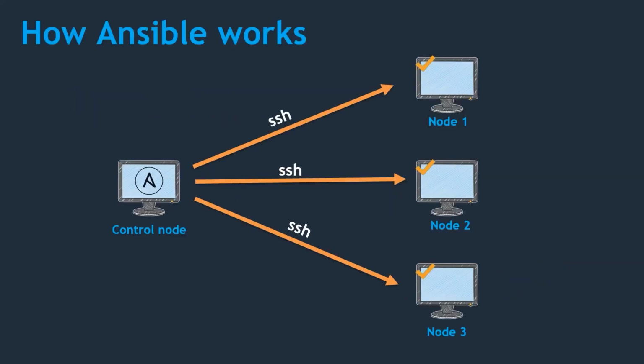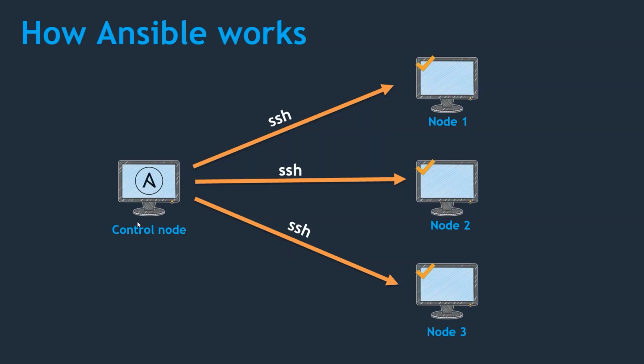So let's see how Ansible works. This is what I was talking about. This is the control node. Wherever we install Ansible, we call it a control node. From the control node we give instructions to our nodes, nothing but the systems managed by your Ansible control node.